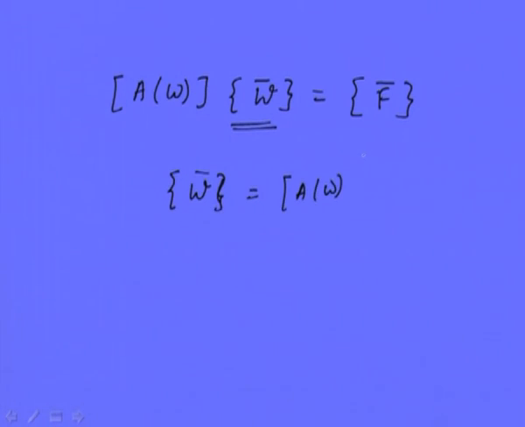Once we have this, you can see that omega is the variable. So omega can be changed from 0 up to some omega max. One by one we need to change omega.